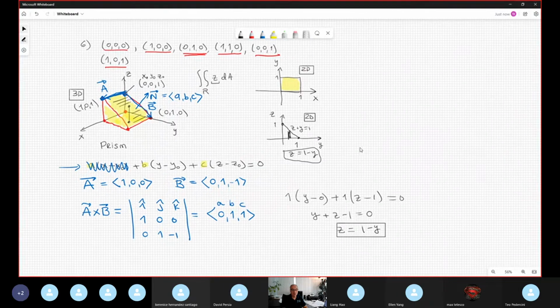Everyone follow me? Do you understand this idea or no? This is not new for you. Okay, now we come back to the professor. Please. What point? Either point. You take one point. Can you use any point? Any point on the plane. And the plane you want to discover. So to find the equation of the plane, you need 3 points on the plane.